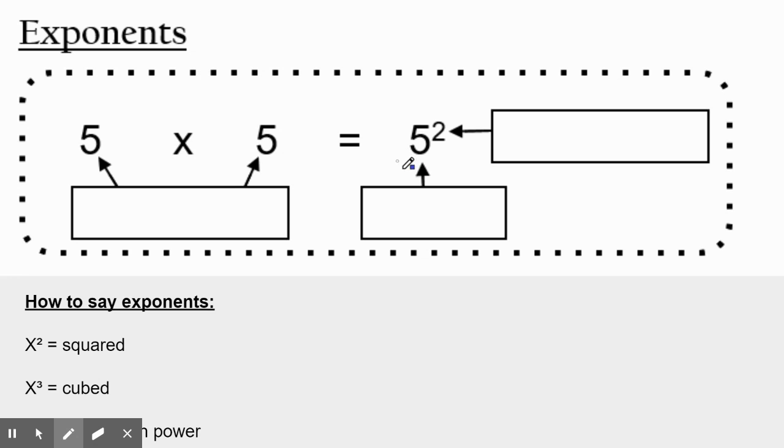An exponent, if you look at this number here, okay, an exponent is going to be this number in the top right-hand corner of the 5. All right, that is what we will call an exponent. What an exponent does is it tells us how many times to multiply the base.